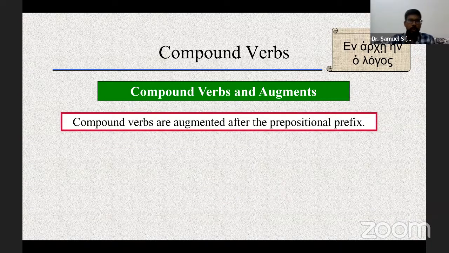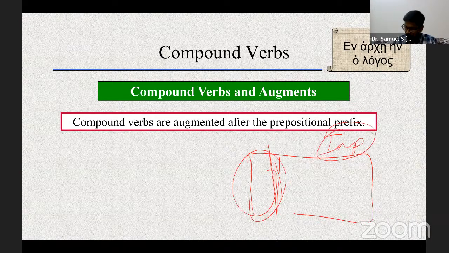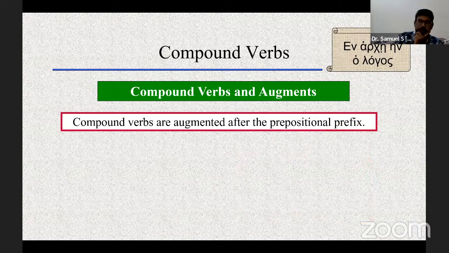Compound verbs and augments. Now we do know some verbs have augments at the beginning, right? In which tense form? In the imperfect tense form, there's an augment. Compound verbs are augmented after the prepositional prefix.